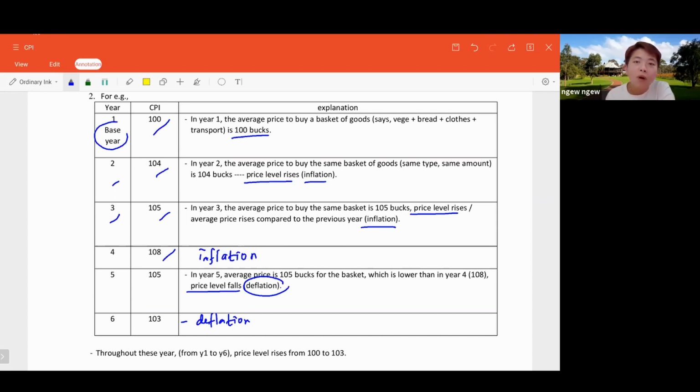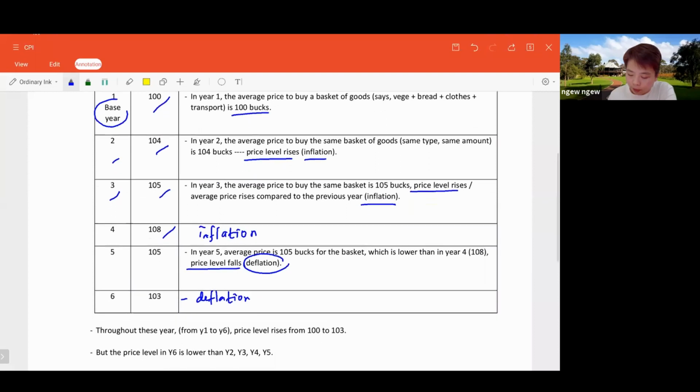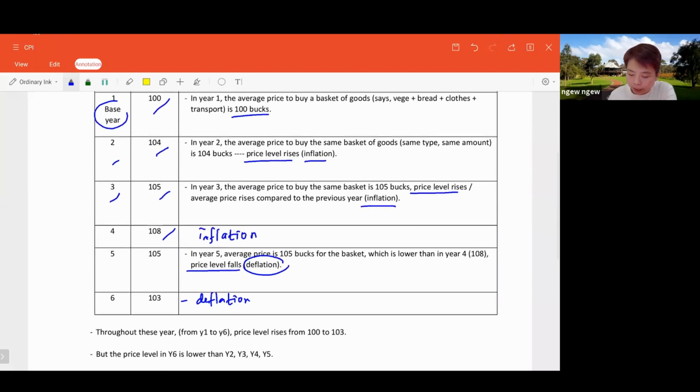So overall, over the period of time, your goods and services are more expensive. However, you can also tell that the price in year 6 is still comparatively lower than year 5, year 4, year 3, and year 2. That's the general understanding of CPI.